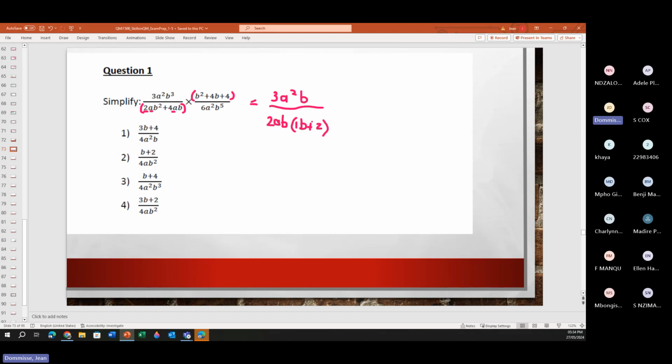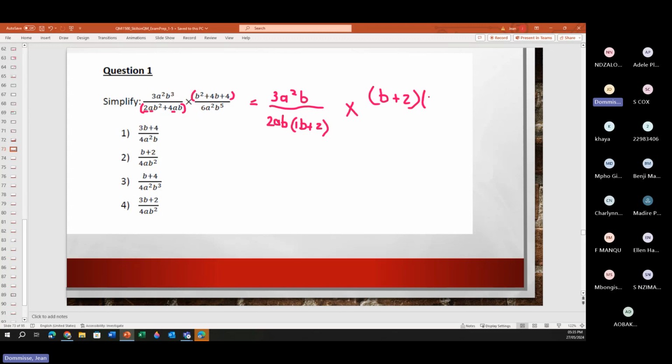Multiply that in, it gives you 4ab. Okay, so that at least we have. And then the other one will be b plus 2 times b plus 2. If we factorize that, let's just quickly check it out.